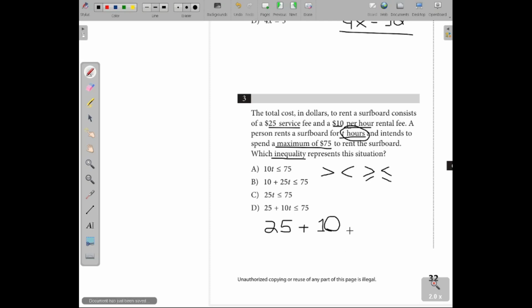It's a variable. 10 times t, we said that it has to be a maximum of 75, so it has to be less than or equal to 75. It includes 75. And that's our inequality, which is answer D.